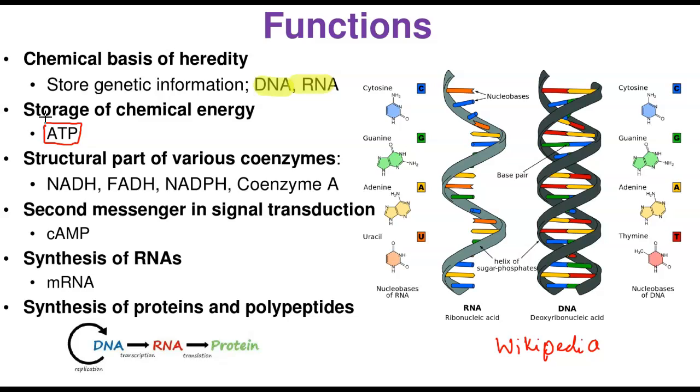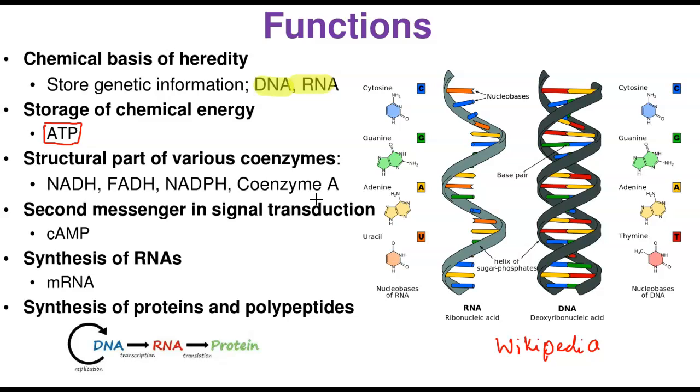Each of these is made up of some part of a nucleotide, like NAD, which is nicotinamide adenine dinucleotide, and FAD, flavin adenine dinucleotide. I wrote both of them in the reduced form. Then NADPH, nicotinamide adenine dinucleotide phosphate, and even coenzyme A all have this nucleotide portion in them. So these are important structural parts of these coenzymes.